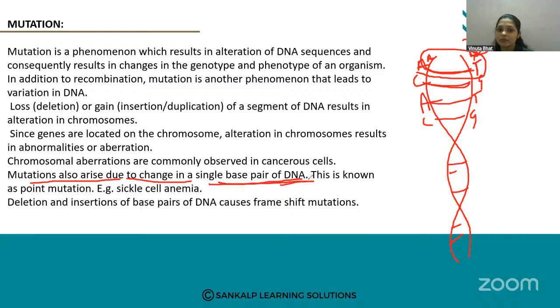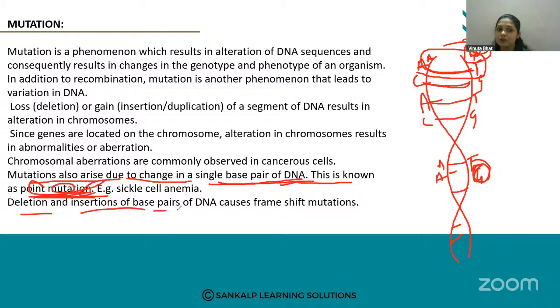Single base pair of DNA, this is known as point mutation. ಸೊ ಇದನ್ನ ಪಾಯಿಂಟ್ ಮ್ಯೂಟೇಶನ್ ಅಂತ ಕರಿತೇವೆ. ಸಿಂಗಲ್ ಬೇಸ್ ಪೇರ್ ಚೇಂಜ್ ಆದ್ರೆ, AT ಈ ತರ ಇರ್ಬೇಕಿತ್ತು, ಇಲ್ಲೇನಾಗಿದೆ AG ಆಗಿದೆ. ಸೊ that is also called a mutation, that is called as the point mutation.